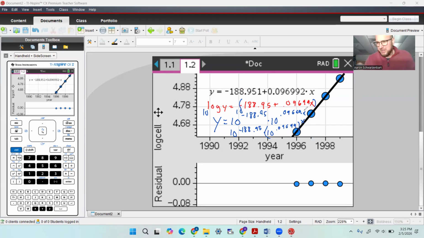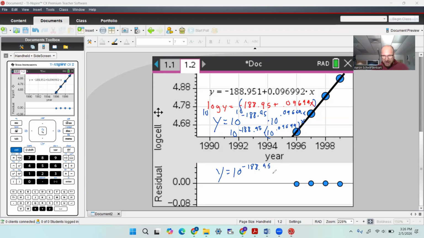I need to get a calculator for this. This 10 to the negative 188.95 is a really small number.